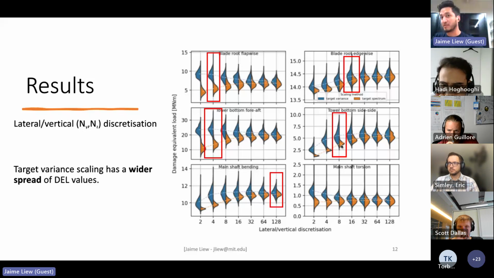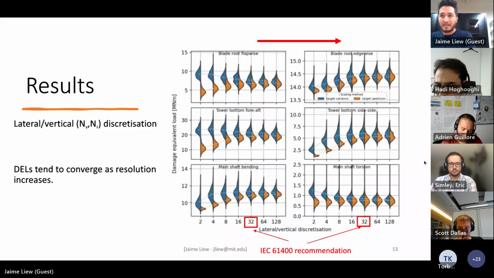So this makes it more difficult to get an accurate mean damage equivalent load, because you have such a large spread. You're going to get more uncertainty in your answers in the end. So essentially, I pretty much ruled out the scaling method, and I've said we should just go with this target spectrum method on the right, these orange distributions.